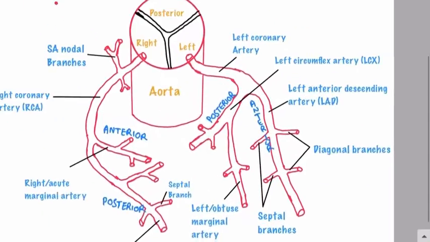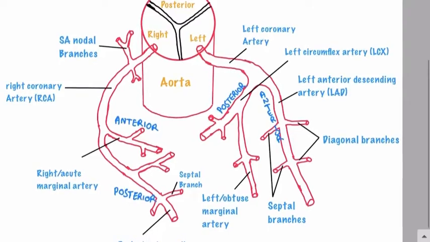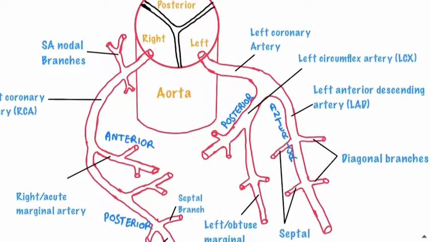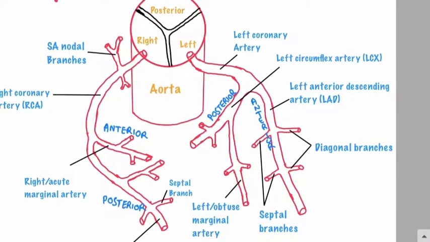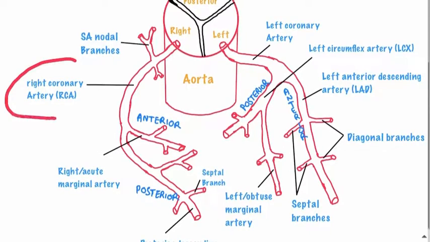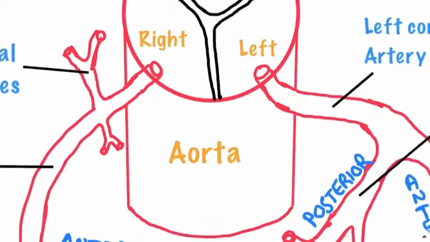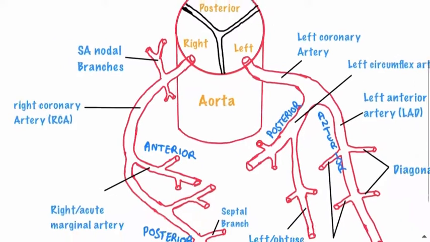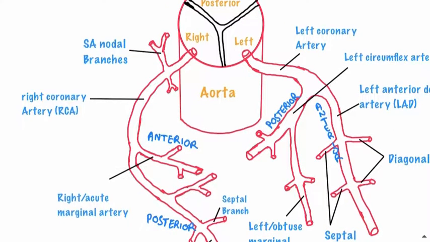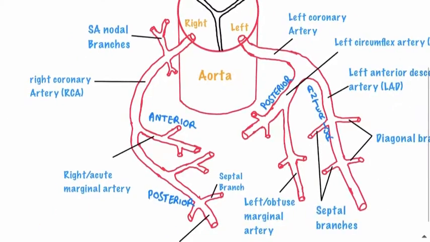Okay guys, we can see the same concepts in this diagram as well. This is the right coronary artery, which is arising from the right aortic sinus, and it gives rise to sinoatrial nodal branches.